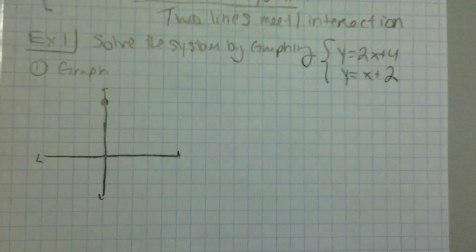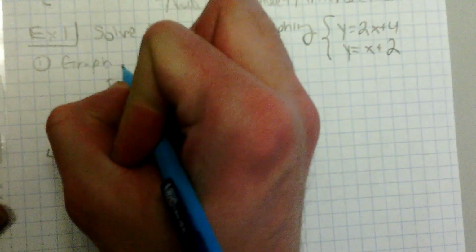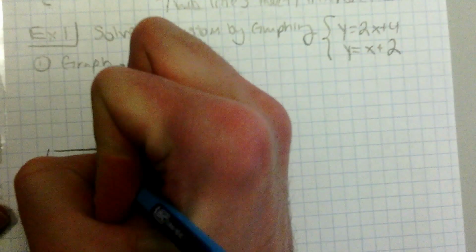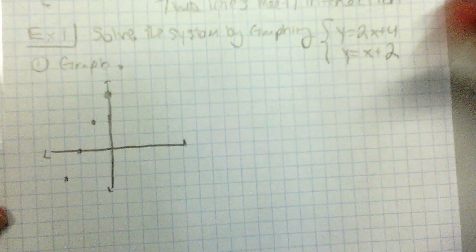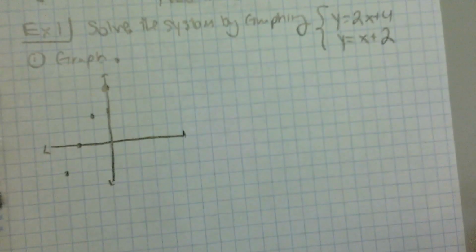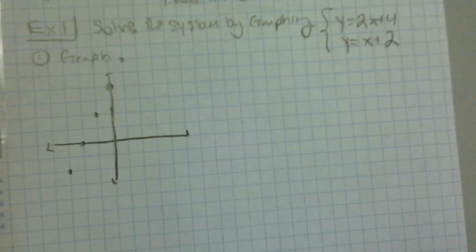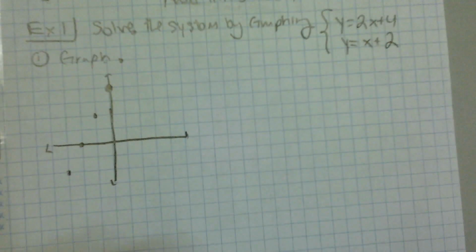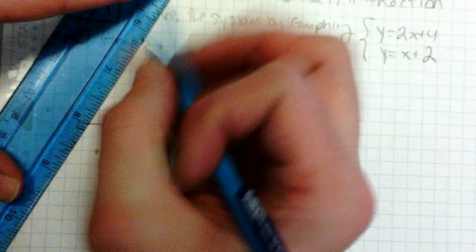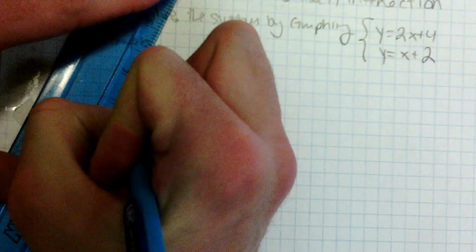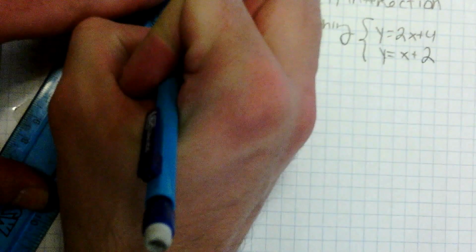So up 2 over 1, and down 2 over 1 in the other direction. There's the first line. And then what about the second one?